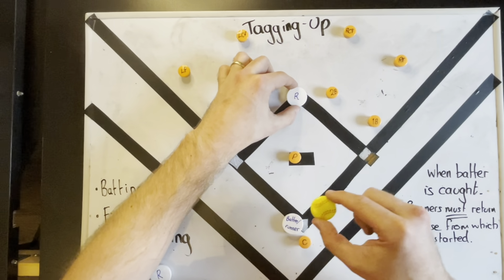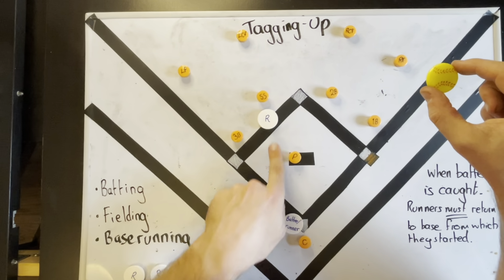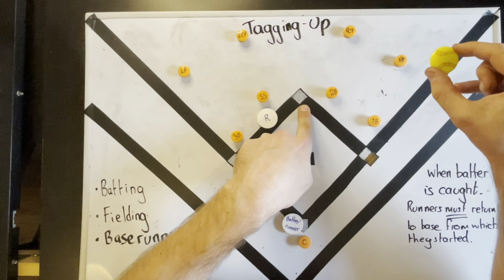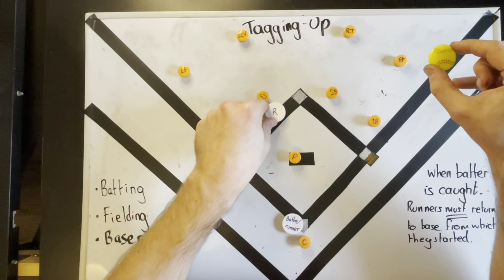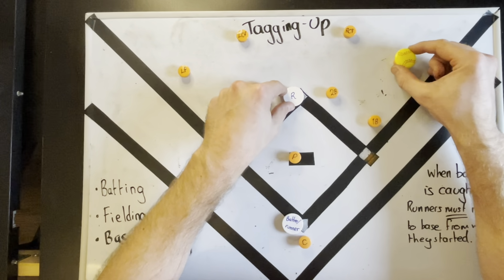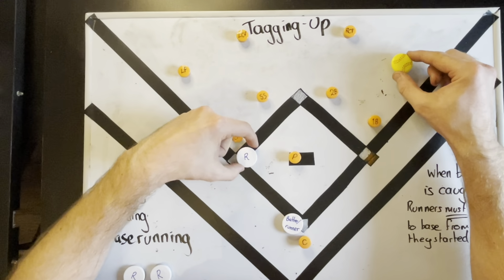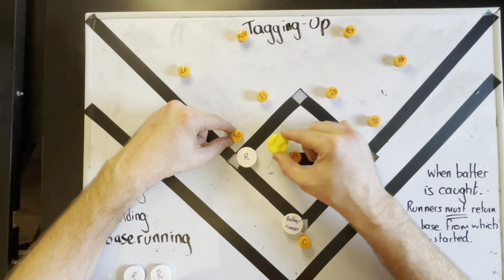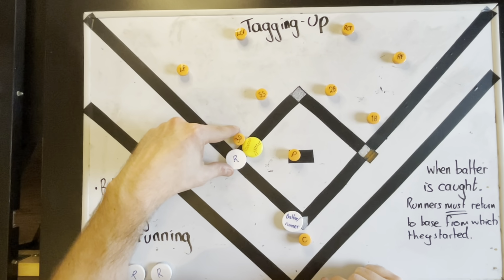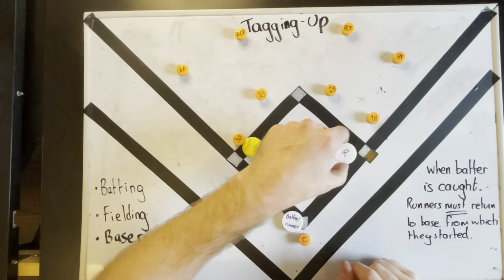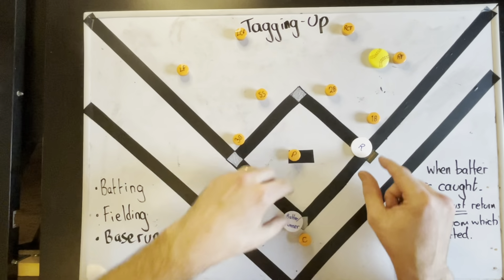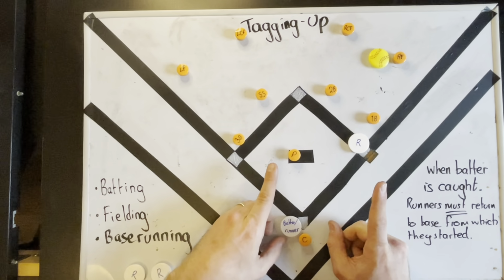So if the ball goes in the air, I might not want to go halfway. I'm unforced. So I go back to the base, and as soon as it is caught, I'm now running to third, because there's no way they're going to throw that ball all the way over there and tag me out going into third. You can do the same play from first, but it's a lot harder.